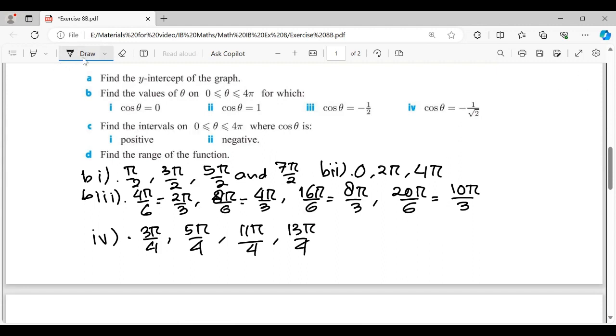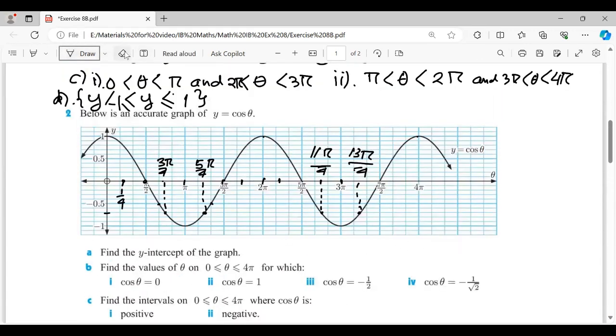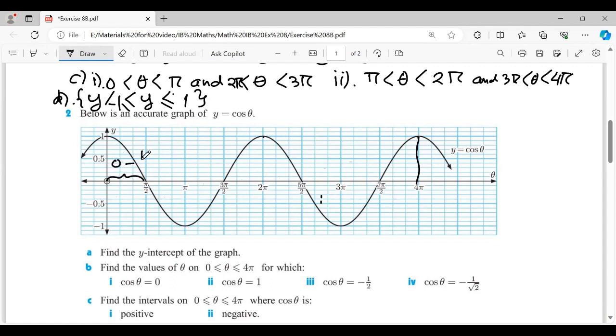If cosine is positive, the intervals, first this one: theta greater than 0, less than pi over 2.